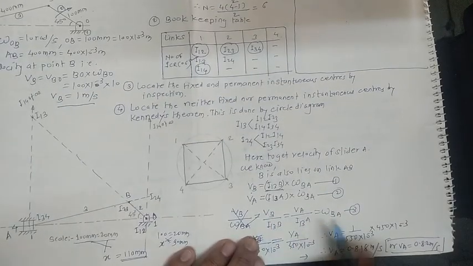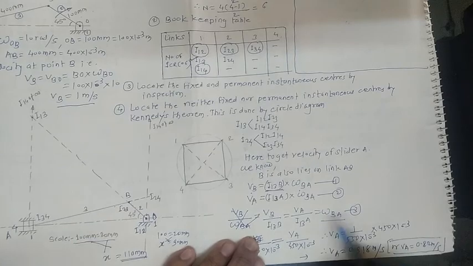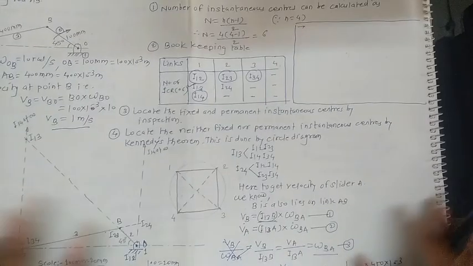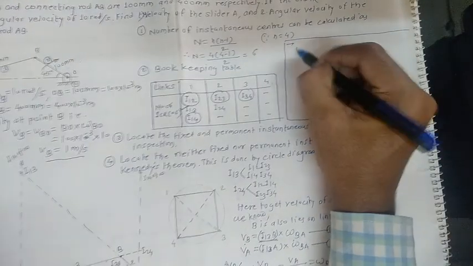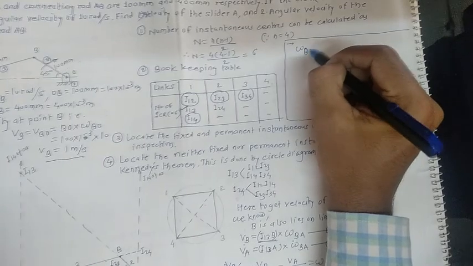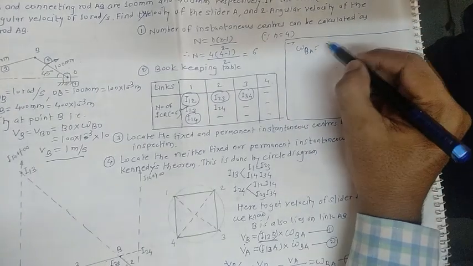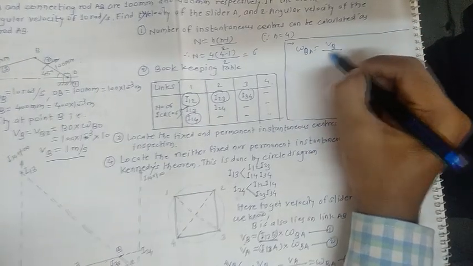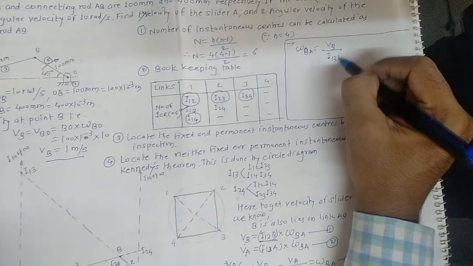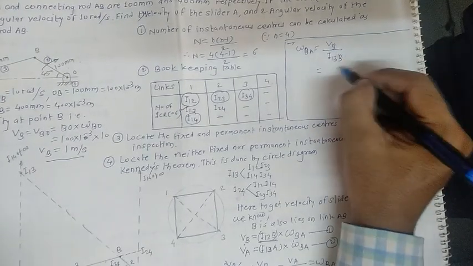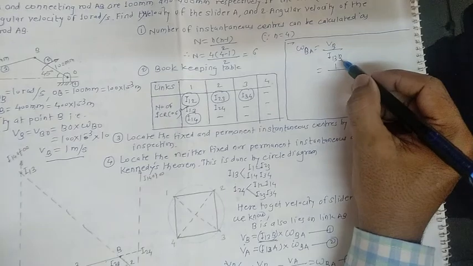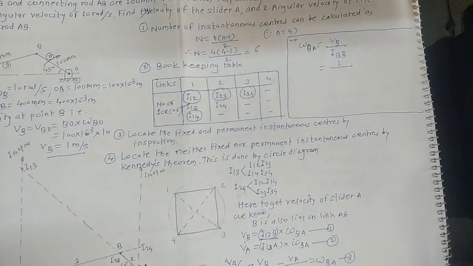You can easily get the value for omega AB. So here I can get omega AB in this way, VB by I13B. So VB with us is 1 meter per second divided by I13B.